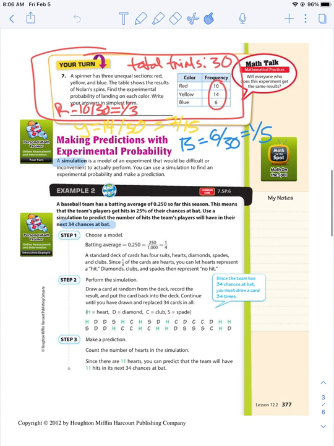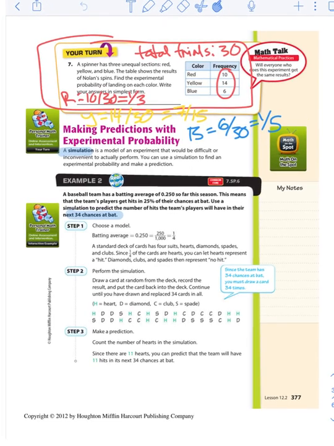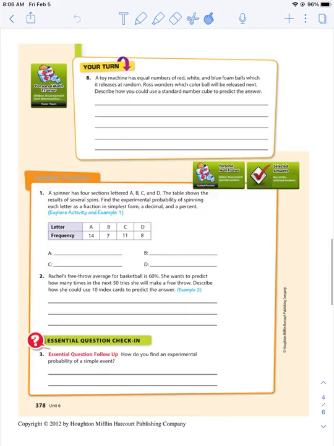Okay, so then you record the times that it was a heart or not a heart. They recorded diamond, clubs, and spade, but you could just record not a heart as well. And the times that it was a heart represent the times that they will actually get a hit while they're at bat. So if you count the number of times hearts occurred, it occurred 11 times out of 34 chances. So you can predict that the team will have 11 hits in its next 34 chances.